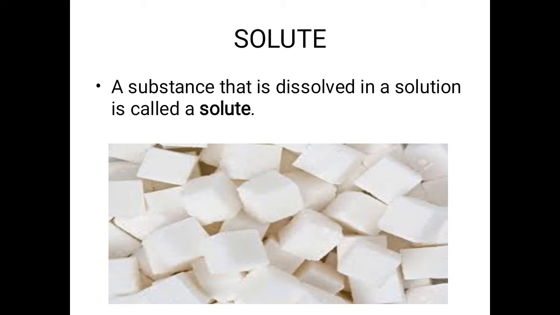A solute is defined as a substance that is dissolved in a solution. A substance like sugar, like salt, like spices and other substances which are taken in small amount. So a solute is dissolved in a solution. Like the picture is showing you sugar cubes.